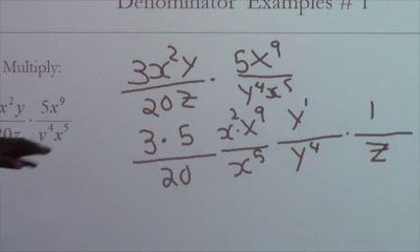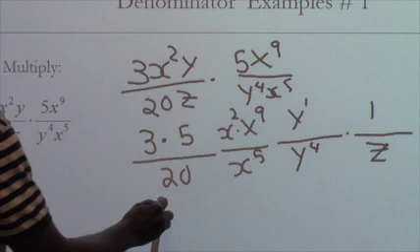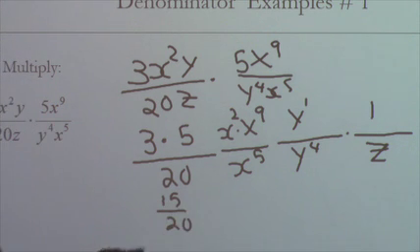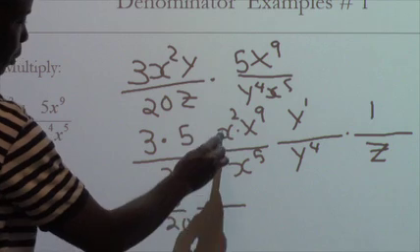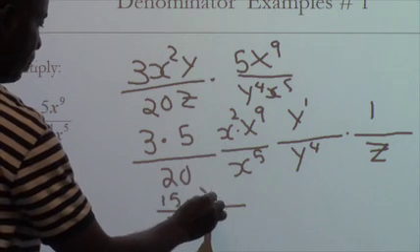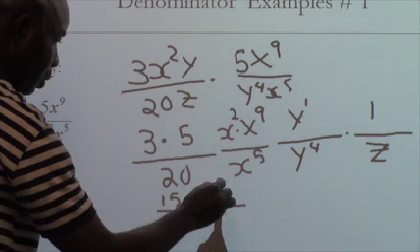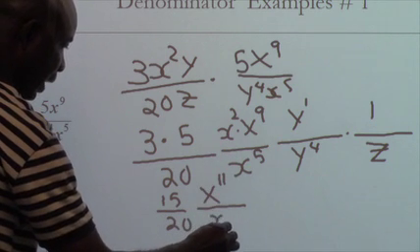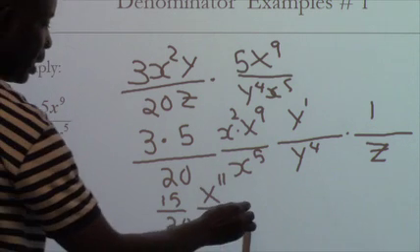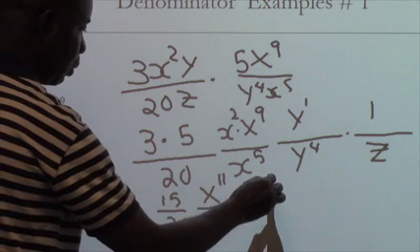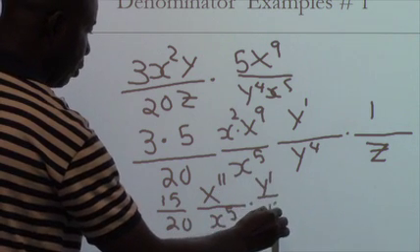So then I have to simplify this first fraction here, which is basically 15 over 20. And for here, I'm going to use the laws of exponents, so of indices. To multiply two indices with the same base, I add the powers. So 9 plus 2 is going to give me 11, I have x to the 11 over x to the 5. And the same thing here, I'm going to have y to the 1 over y to the 4th.